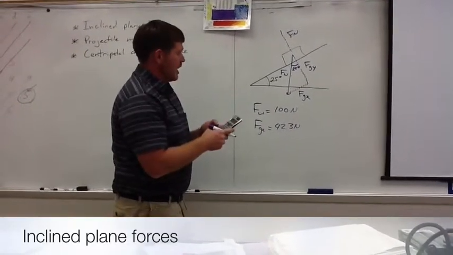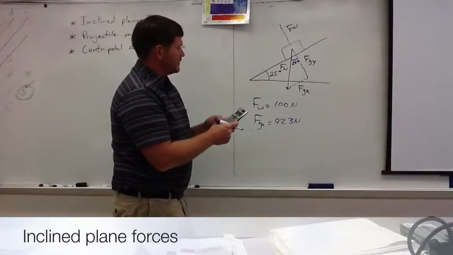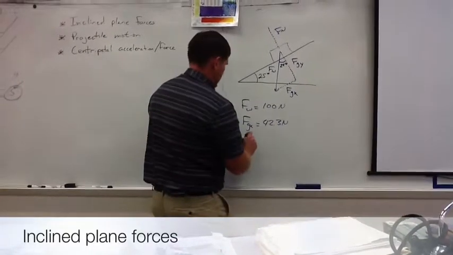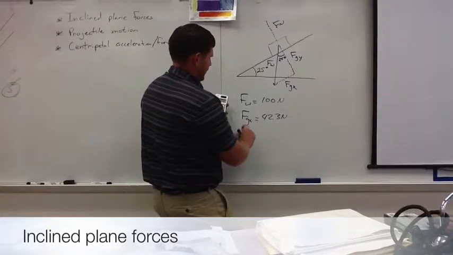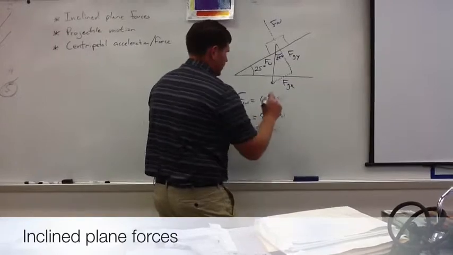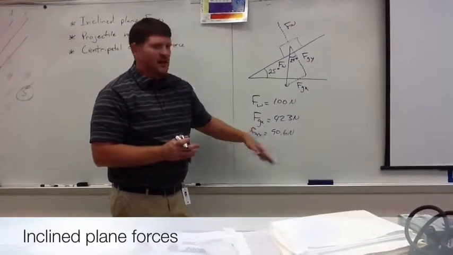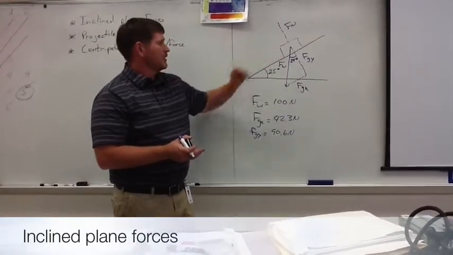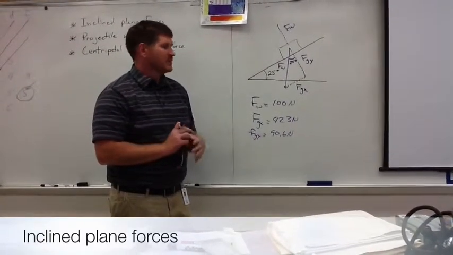My F of gy is going to be cosine of 25 times 100, which gives me F of gy equals 90.6 newtons. So my weight force in essence is no longer 100, but it's really 90 when it's on this ramp. And that's why we see later on when we talk about simple machines what makes it a little bit easier.